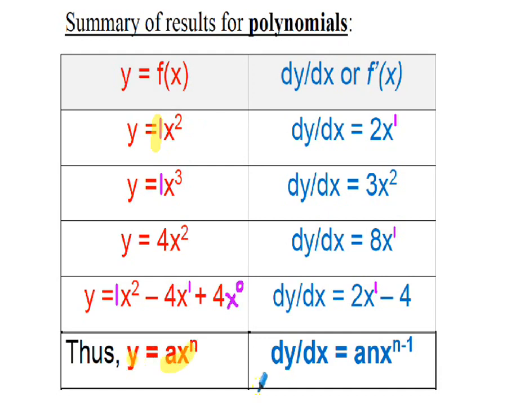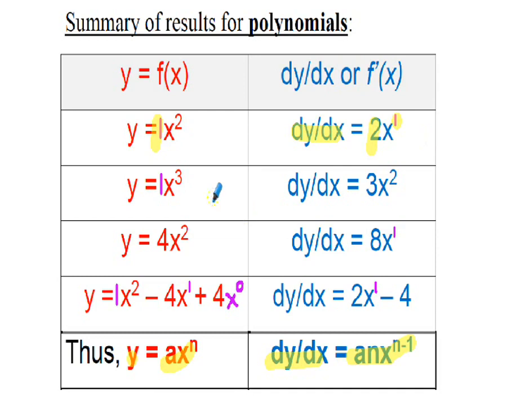We're told that the differential form, dy by dx, is the form a n x to the n minus 1. So a times n, and then take 1 off the index. Looking at my dy by dx form on the right hand side, we get 1 times 2, that's a times n, which is 2, take 1 off the index, so that goes from 2 to 1. So our solution is 2x to the 1, or simply 2x.